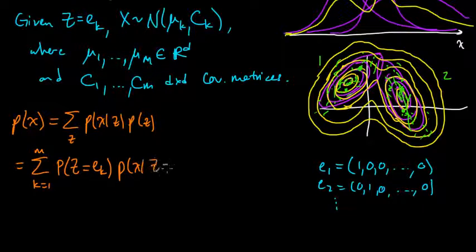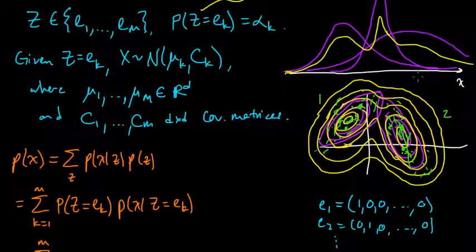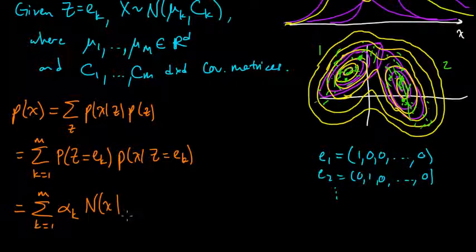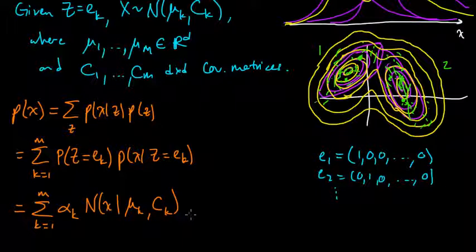So this is the sum, and the probability that z equals ek, we said, was this alpha k parameter. So this is alpha k times the normal density function evaluated at x with mean mu k and covariance ck.